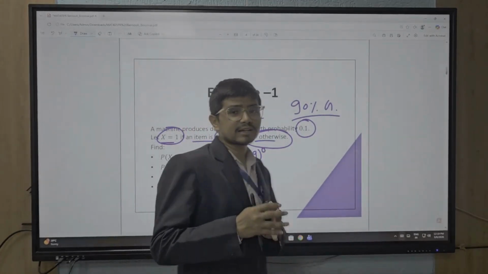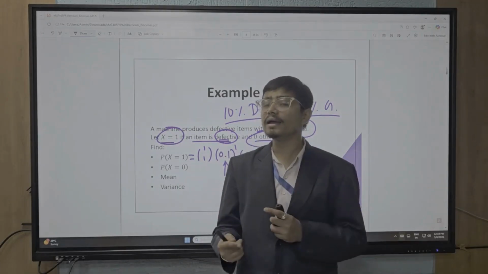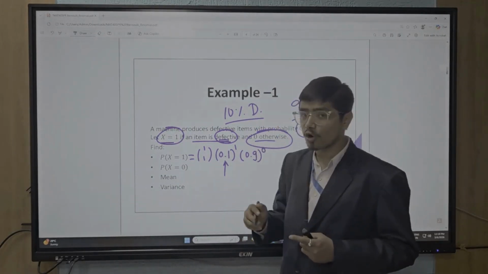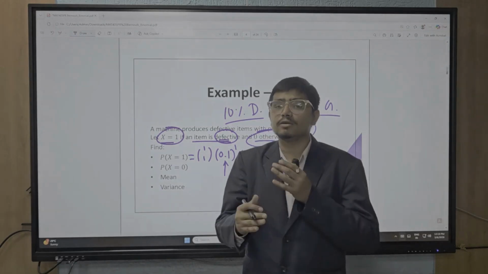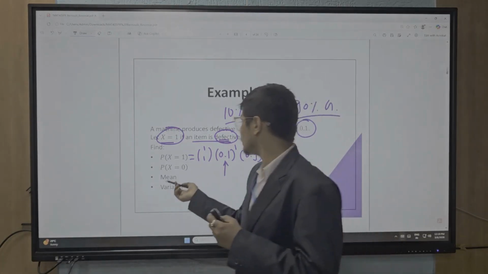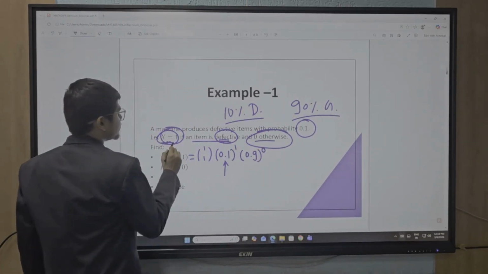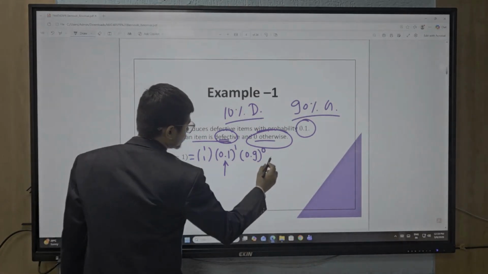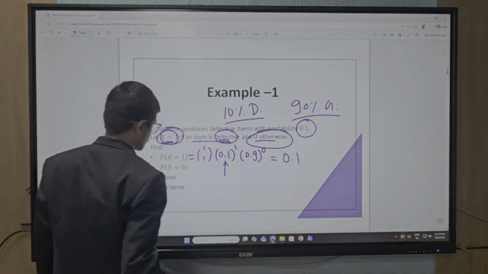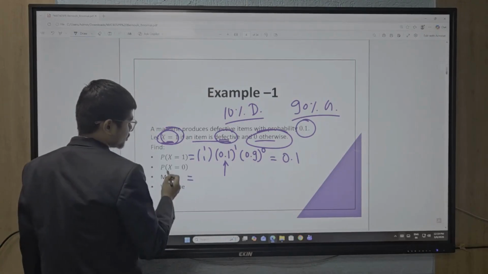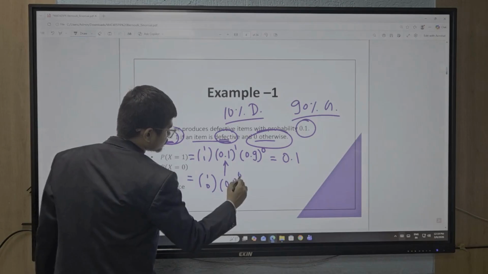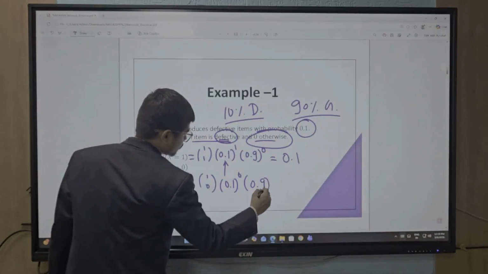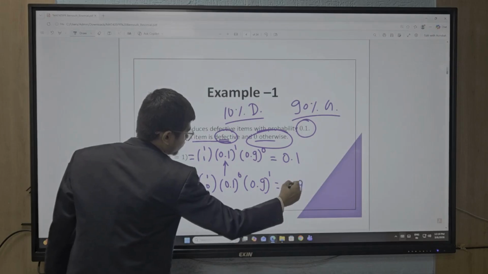Here X equal to 1 means success, that is defective. So here you get 0.1. What about P(X = 0)? It is 1C0, 0.1 raised to 0 and 0.9 raised to 1, which is nothing but 0.9.